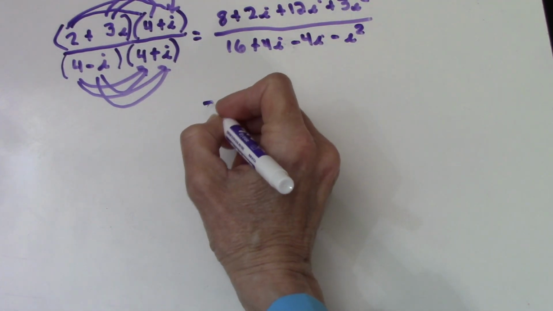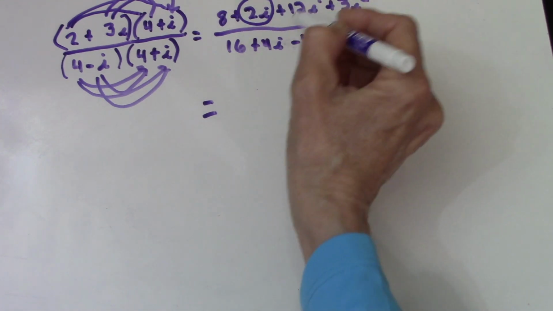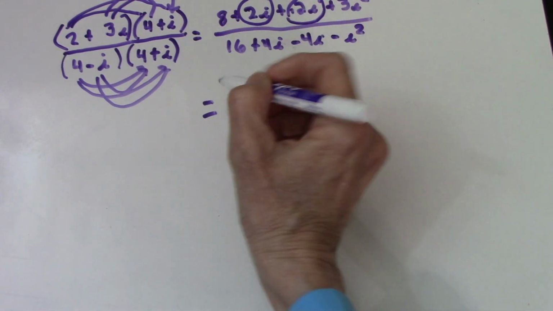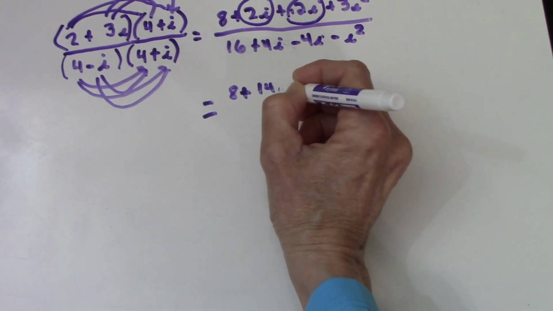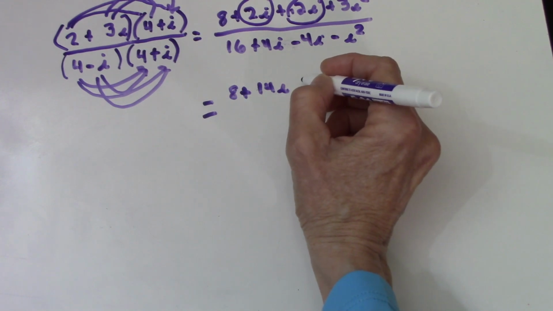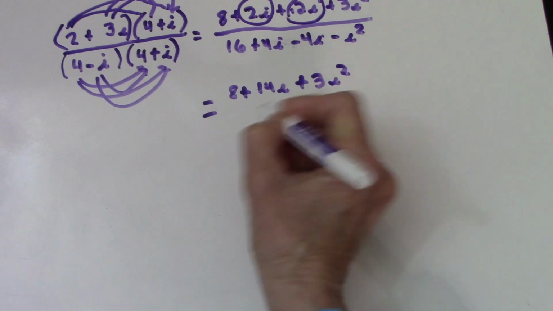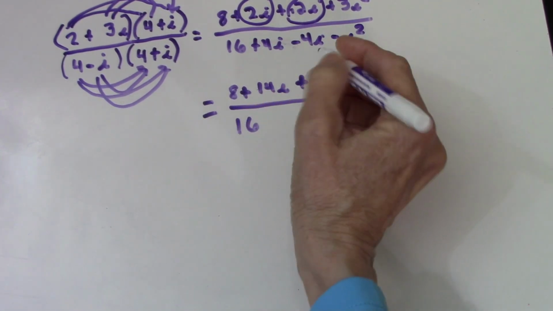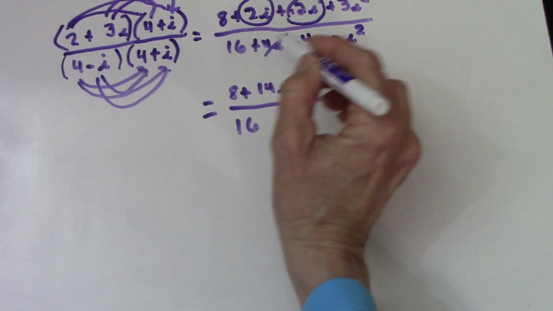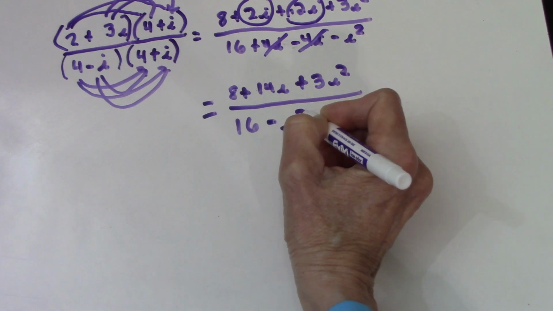Okay, if we look at the numerator, I'm going to combine my like terms. I see 2i and 12i. So I'm going to bring down the 8 plus 14i plus 3i squared all over 16, and my middle terms cancel out. And I have 16 minus i squared.